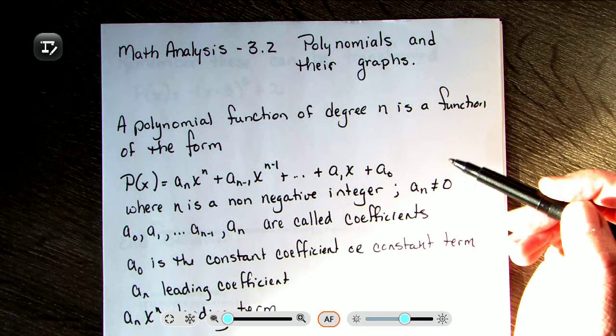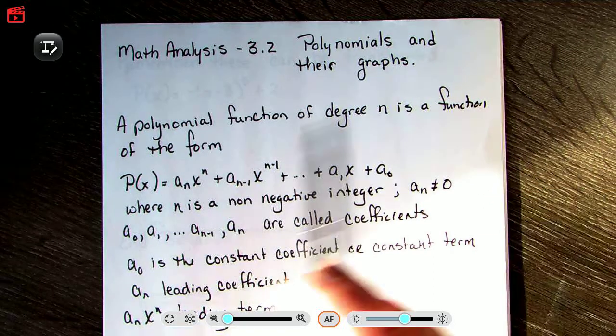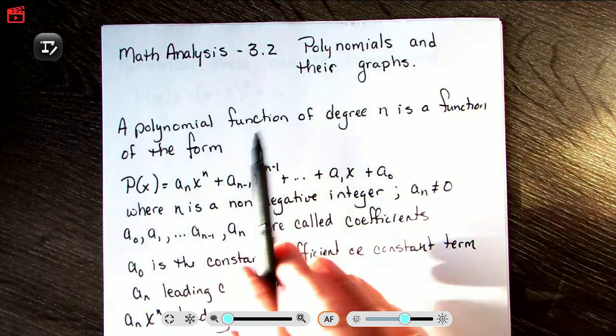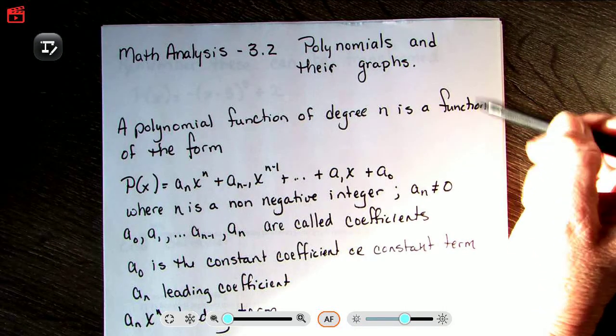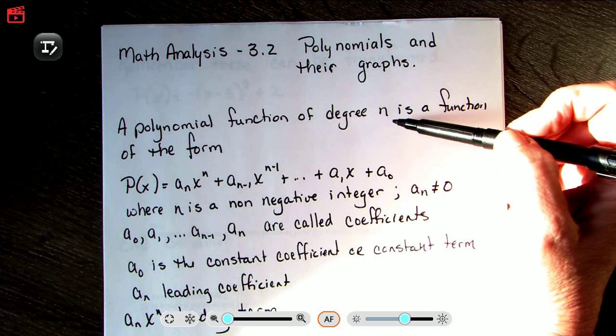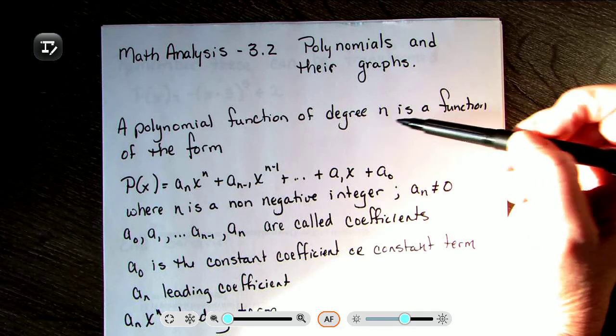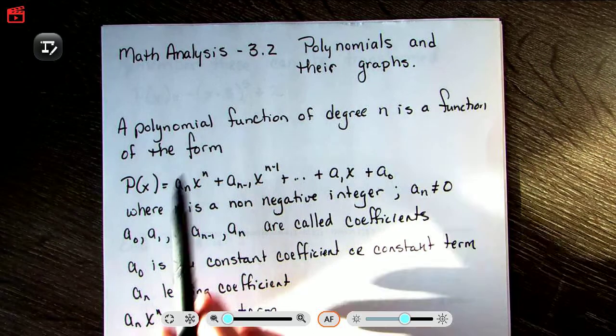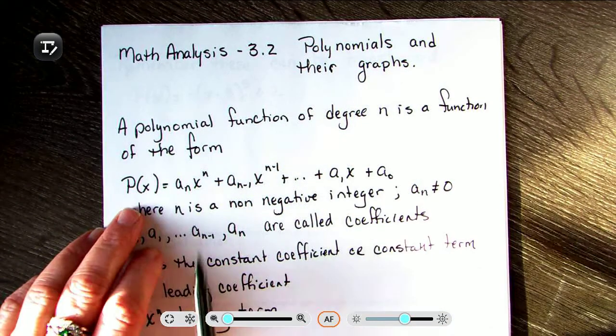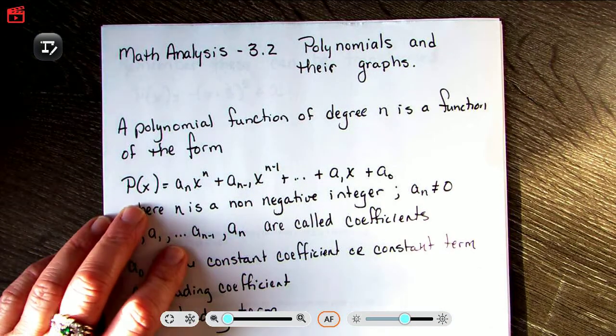So we have a definition for a polynomial, and first of all, it is a function. We have to remember it will pass the vertical line test, and it's going to be of degree n. That's another definition piece that we'll see in this written work. It's going to be of the form p, and we're using p for polynomial.